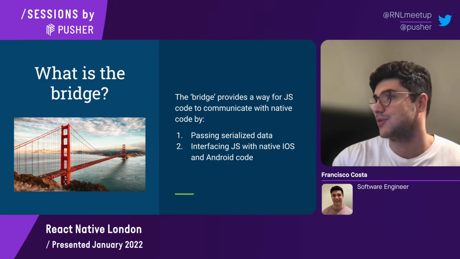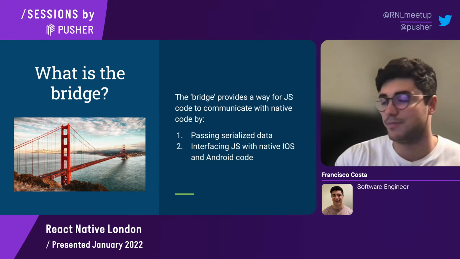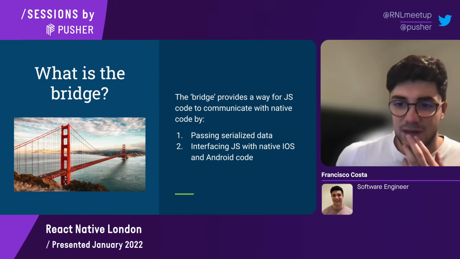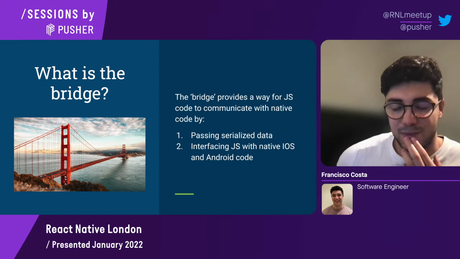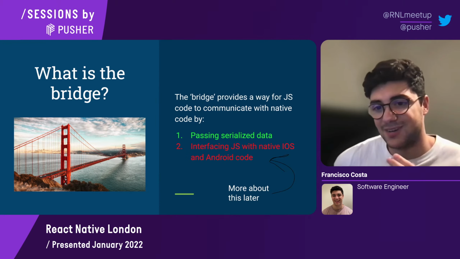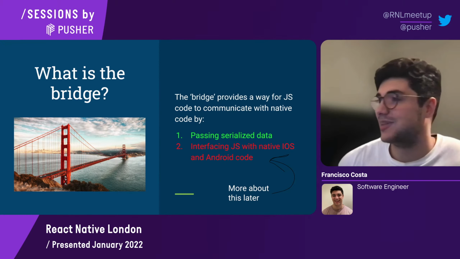The bridge provides a way for JavaScript code to communicate with the native layer by either one, passing through serialized JSON data, or two, interfacing JavaScript with the native layer. So usually people go for the more intuitive answer here, which is wrong. It is in fact answer one, but there will be a little bit more on answer two towards the end of the presentation.